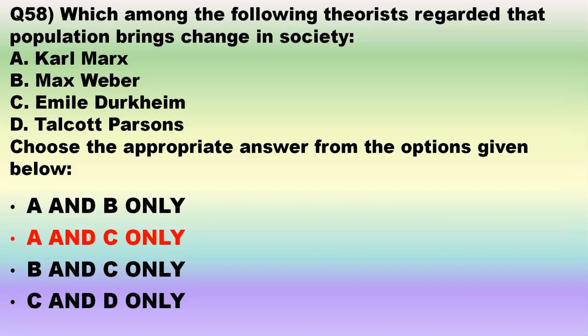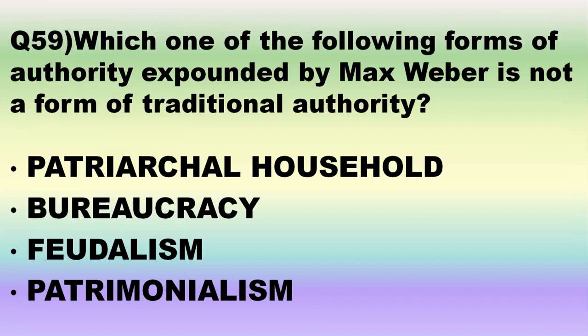The next question is very easy and is from The Types of Authority by Max Weber. Which one of the following forms of authority expounded by Max Weber is not a form of traditional authority? Very easy. Patriarchal household, bureaucracy, feudalism, patrimonialism.